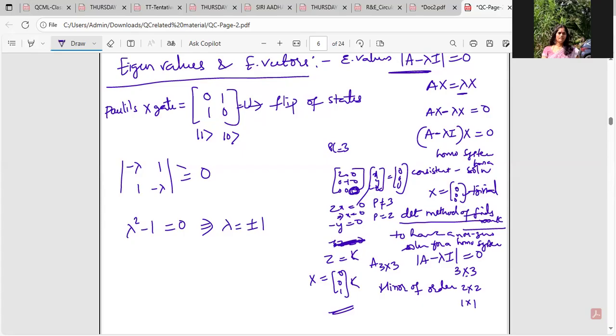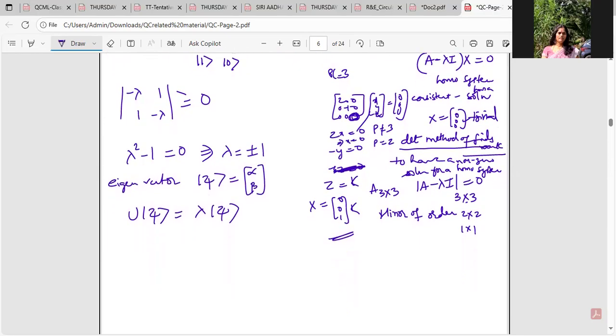Now, accordingly, I'll go for finding the eigenvectors as well. Eigenvector would be something like this: U ket xi is equal to lambda ket xi. You remember the superposition from the last video. The superposition way of writing ket xi is alpha ket 0 plus beta ket 1. So alpha comma beta is what I will take here.